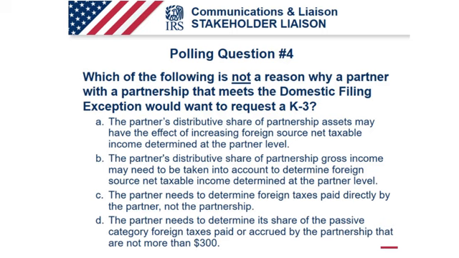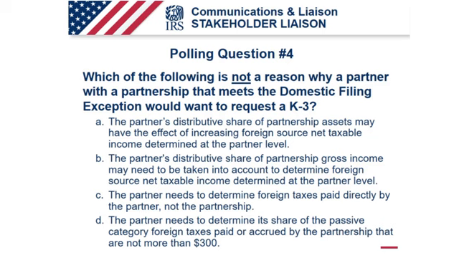This polling question reads: which of the following is not a reason why a partner with a partnership that meets the domestic filing exception would want to request a K-3? And focus on that "not" in the question. We have A, the partner's distributed share of partnership assets may have the effect of increasing foreign source net taxable income determined at the partner level.